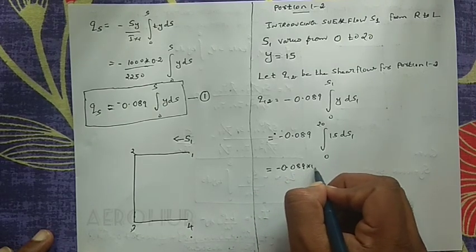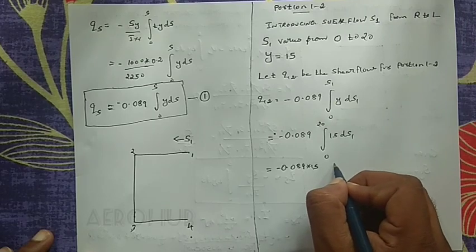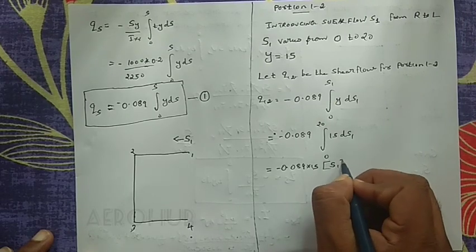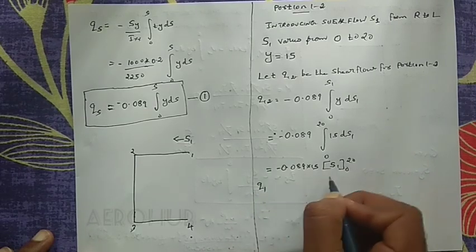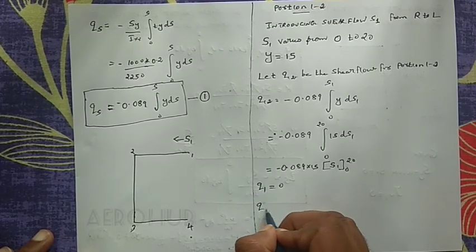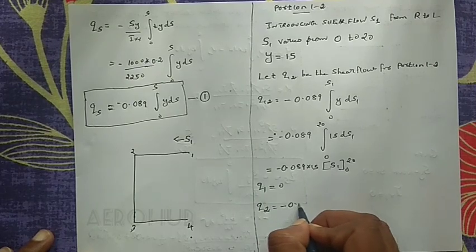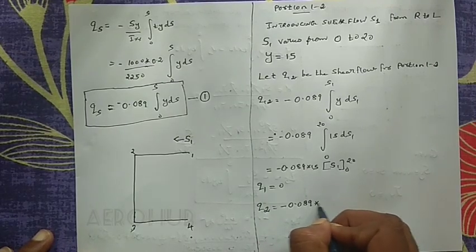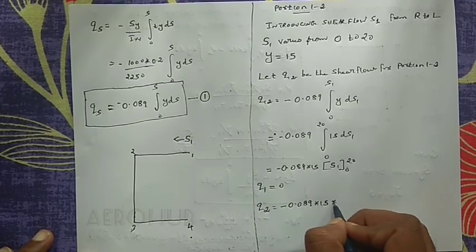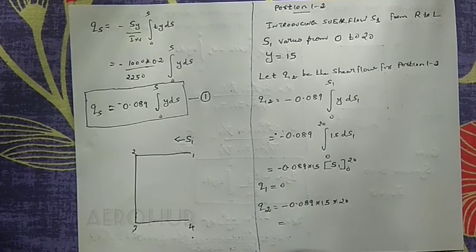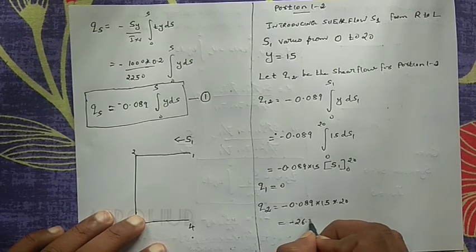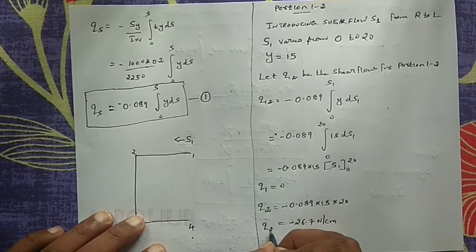So Q1 will be practically 0 and Q2 will be minus 0.089 into 15 into 20, so this will be minus 26.7 Newton per centimeter. This is the value of Q2.